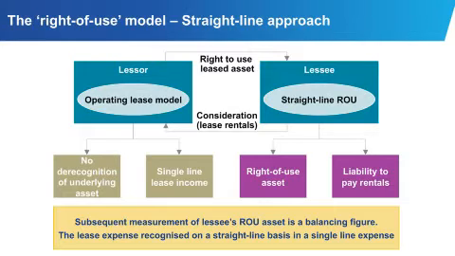Under the right-of-use model, the lessee would recognise a right-of-use asset and a lease liability. The straight-line right-of-use model features a total lease expense as an operating expense, with no interest charge presented. This will lead to a straight-line recognition of the total lease expense, and hence the name, straight-line model.